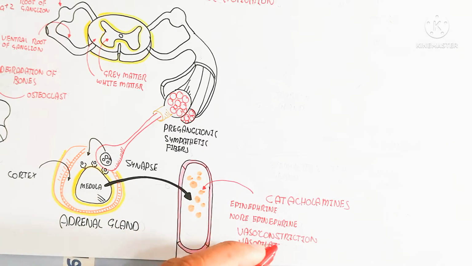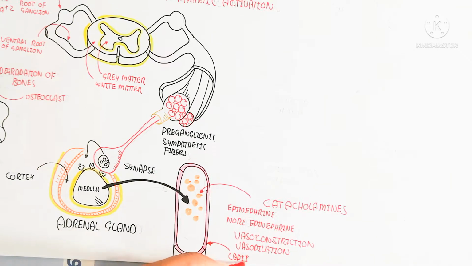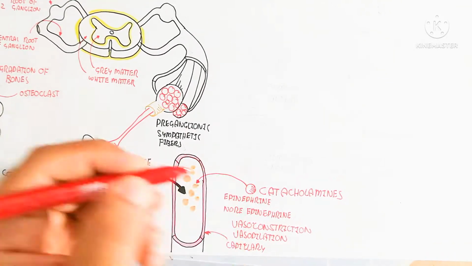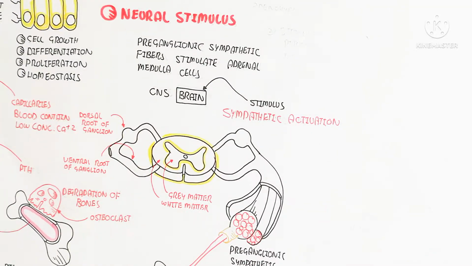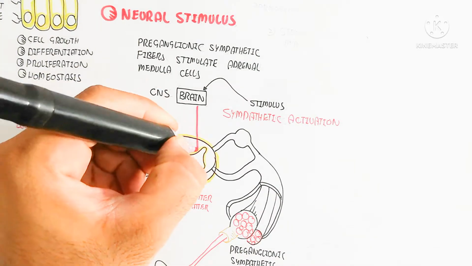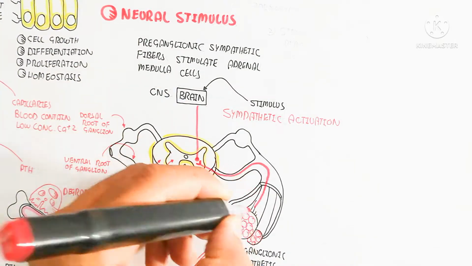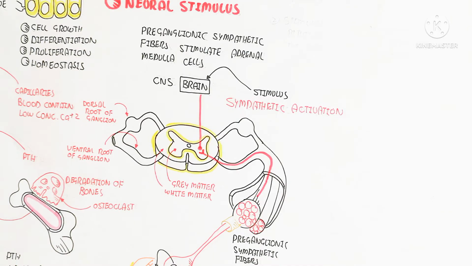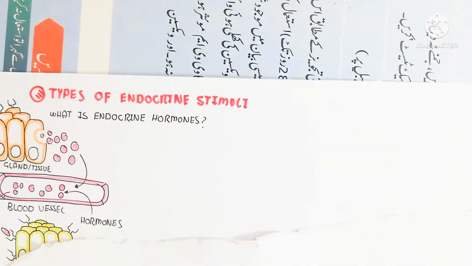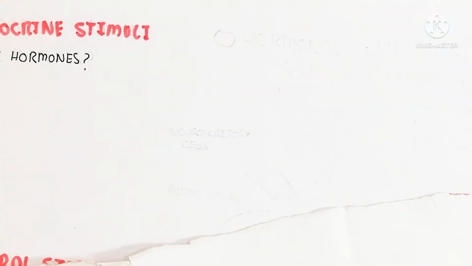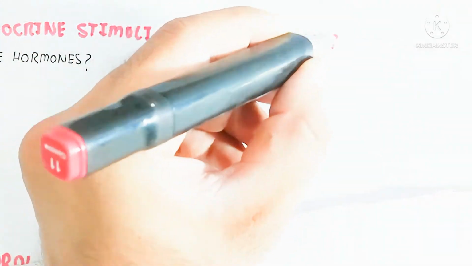For example, near the digestive system vasoconstriction will occur, so digestion will be inhibited, so rest and digest is inhibited, while increased vasodilation in the peripheral part of the body will lead to increased blood pressure as well as sweating.